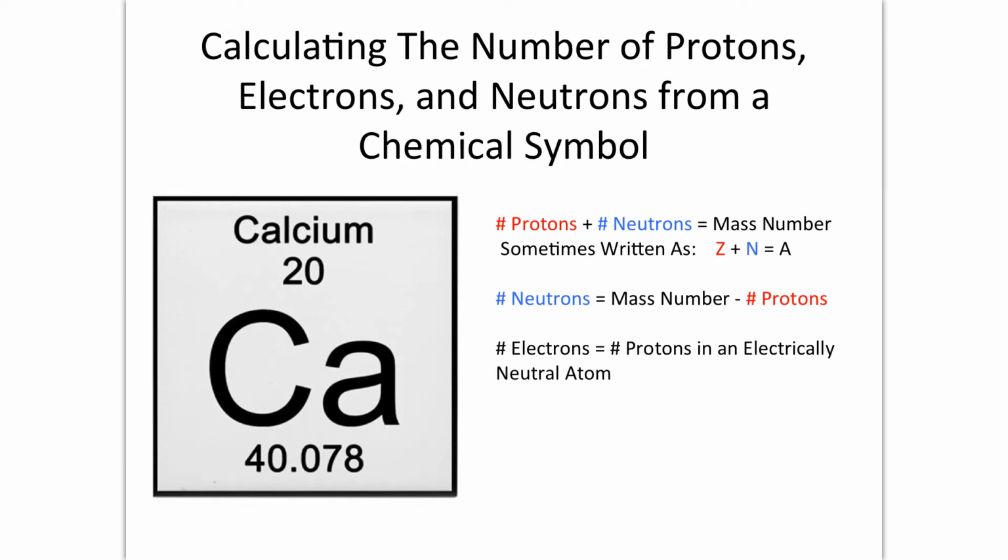Alright, so the next thing we have to understand is what are these numbers? So let's look at the first number first. The first number is this 20. And this 20 is just the atomic number. And we said before that the atomic number is just a fancy way of saying it's the number of protons.